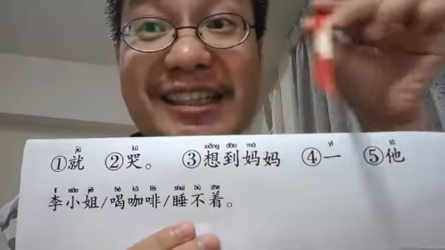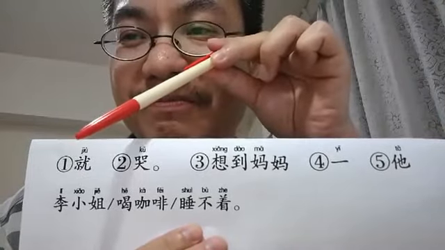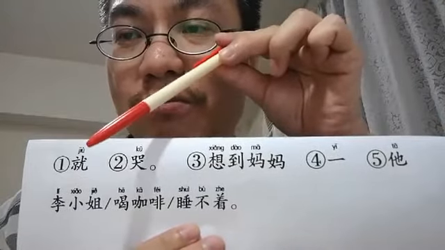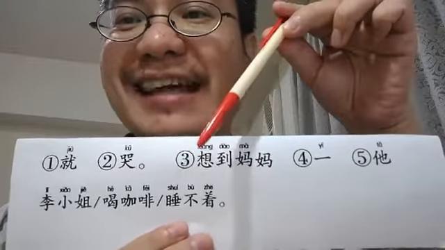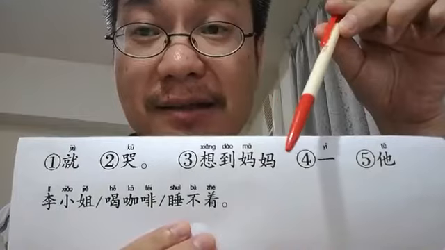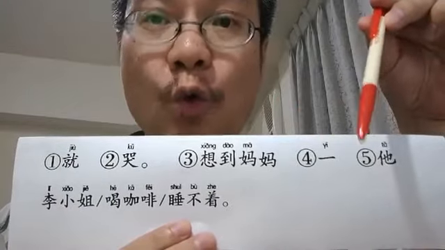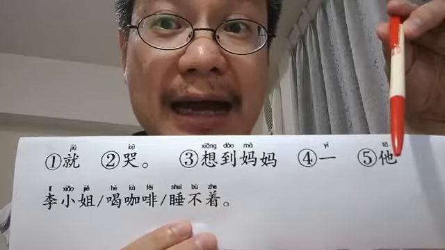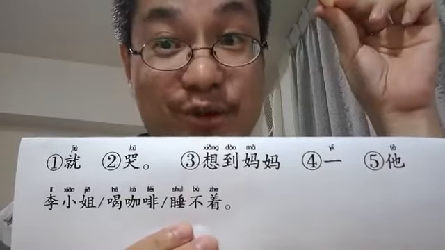I'll read the words for you. 1 一就, 2 哭, 3 想到妈妈, 4 一, 5 他.